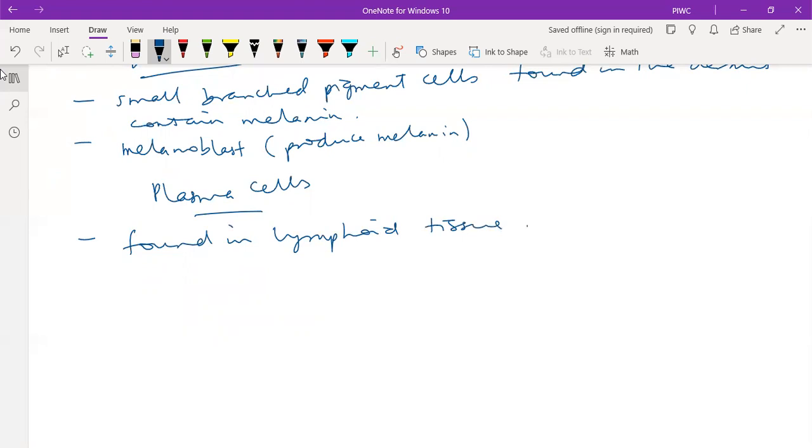But in ordinary connective tissue, they are not usually common. They possess a small, dense, eccentric nucleus and basophilic cytoplasm.